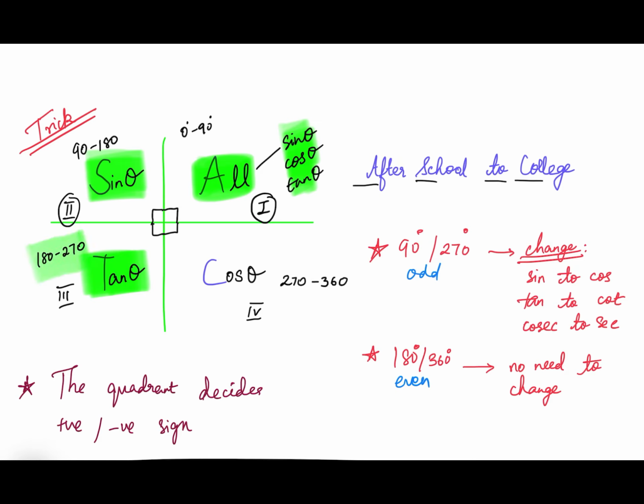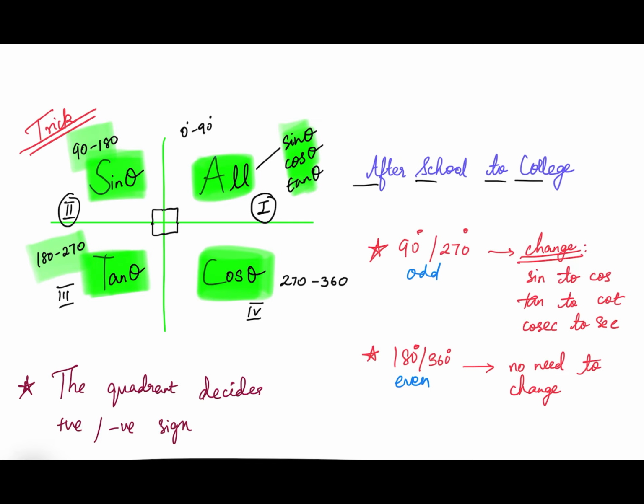In this quadrant, you will see that only tan theta is positive, from 180 to 270. Okay, now in this quadrant, you will find only cos theta is positive. So why should we remember these quadrants? Because we can know which theta is positive, like sin theta, cos theta, tan theta. We can know in which quadrant which is positive. For that, this table or this diagram will be very important and very useful.